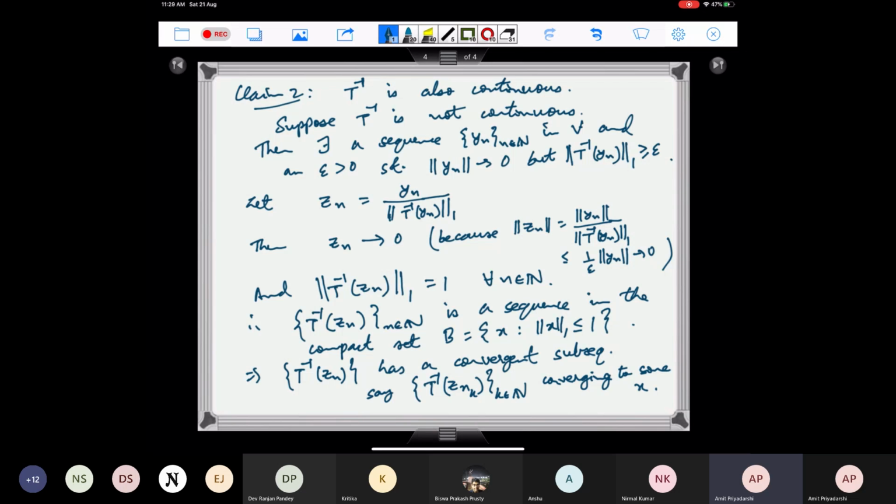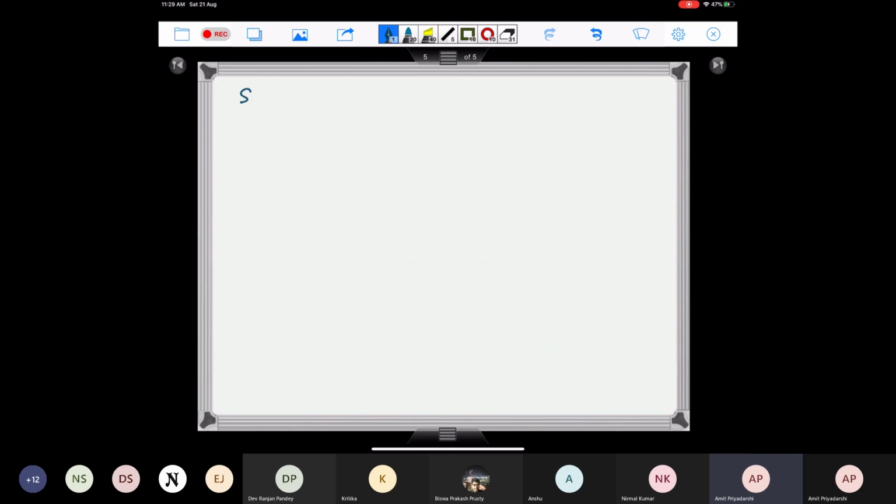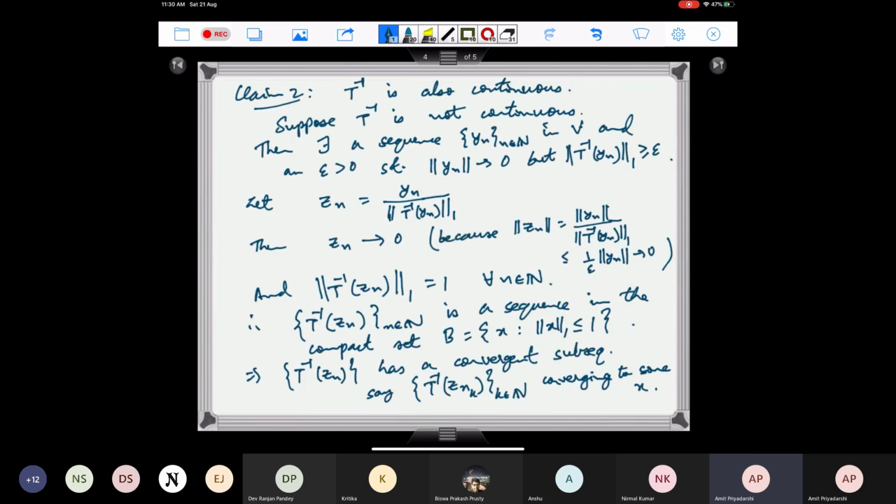So T inverse znk converges to x. We know that the norm of T inverse znk is equal to 1 for all k, so the norm of x in L1 is also equal to 1. So x is a unit vector and T inverse znk converges to x.